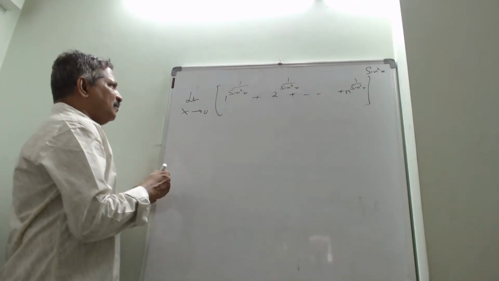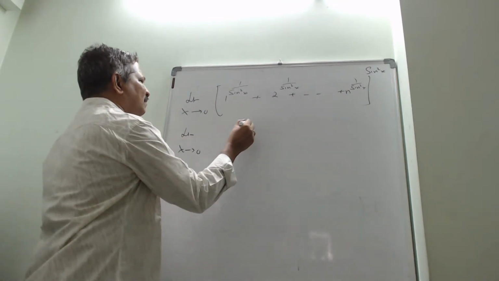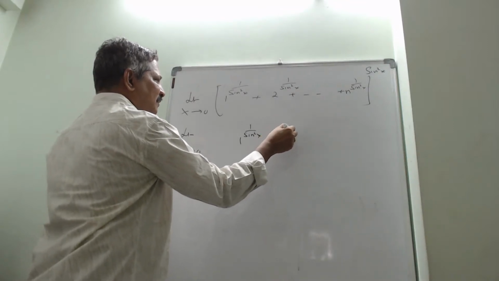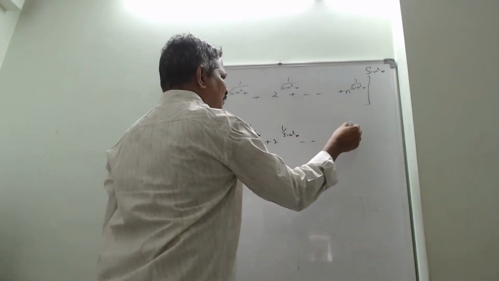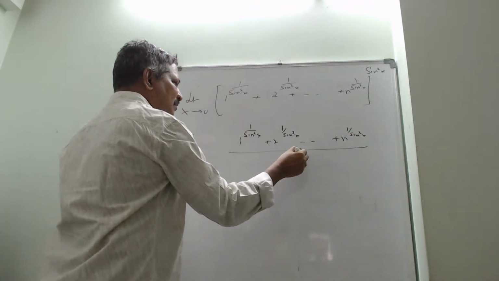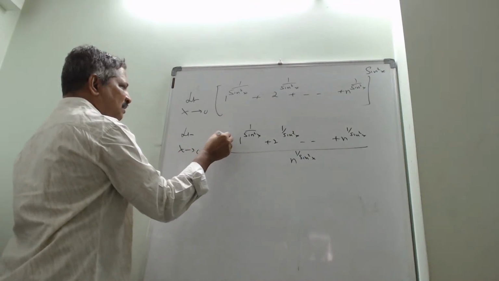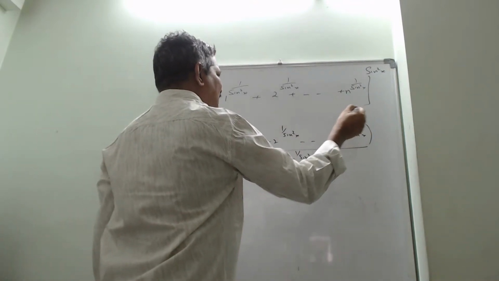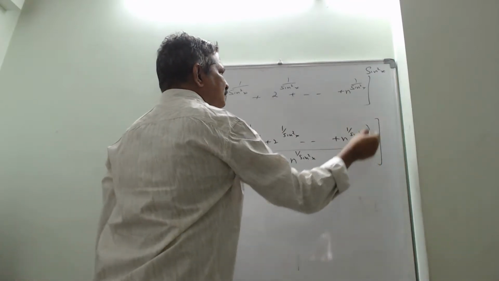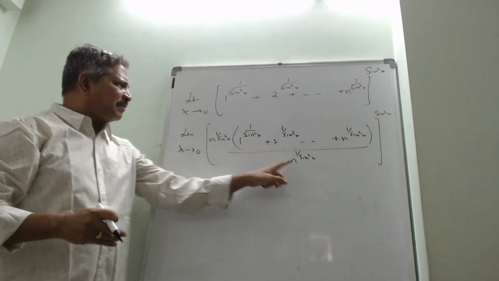Then what to do? You see here, limit x tends to 0, 1 power 1 by sin square x, 2 power 1 by sin square x, and so on, n power 1 by sin square x. I will multiply and divide inside with n power 1 by sin square, and this is the whole power sin square. Inside the bracket, I multiplied and divided by n power 1 by sin square.